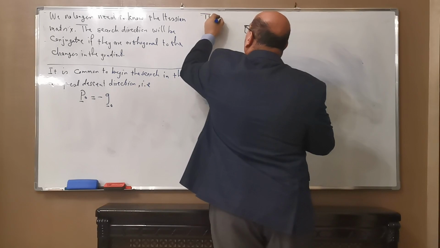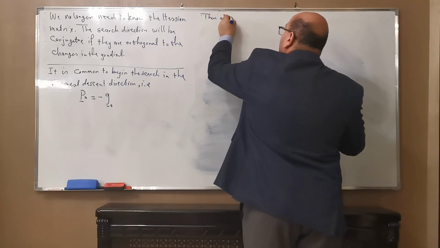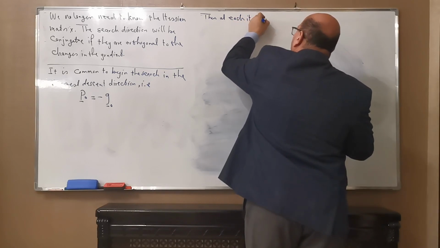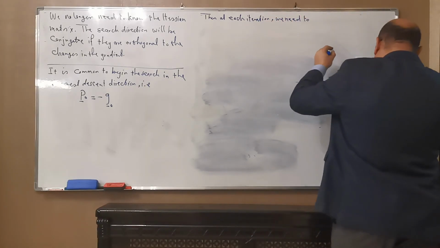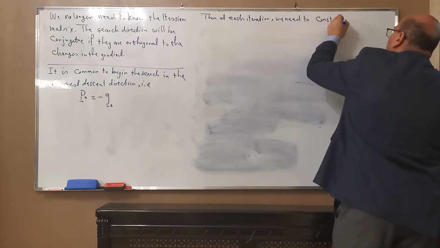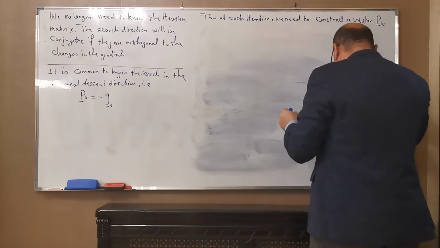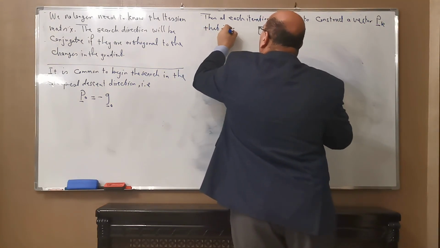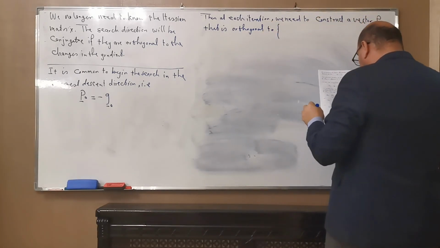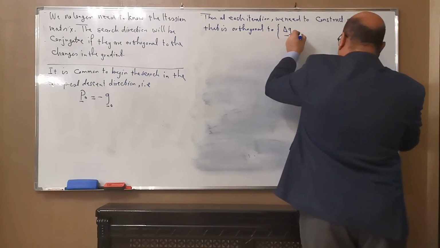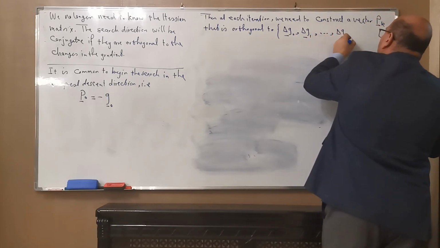Then at each iteration, we need to construct a vector pk that is orthogonal to all the gradient differences before, delta G0, delta G1, until delta G at k minus 1.